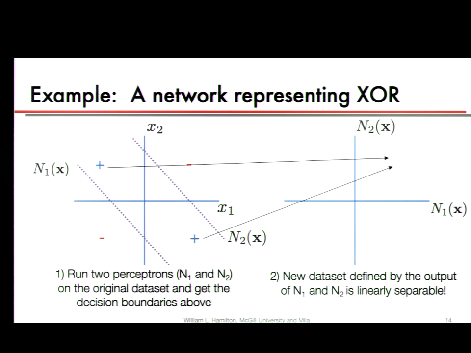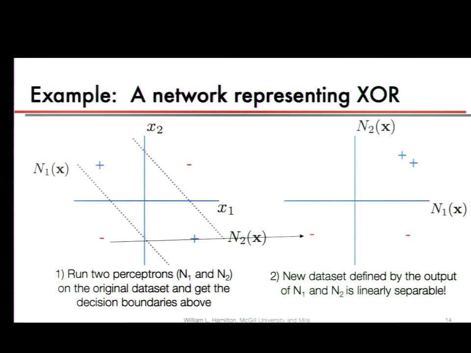What this means is that the 2 positive points are both classified as positive, correctly, by these 2 networks. But if we look at this negative point up here, it's classified as positive by n1, but negative by n2. And then we have this other point down here, which is classified as negative by n1 and negative by n2.